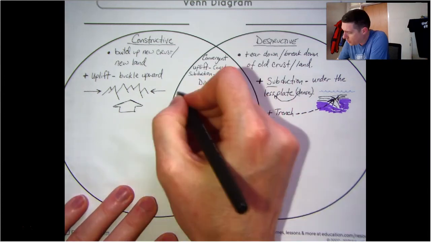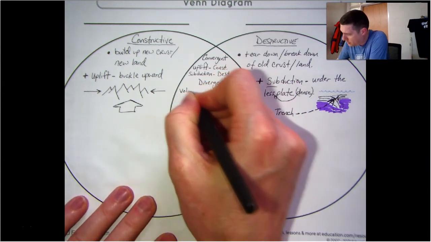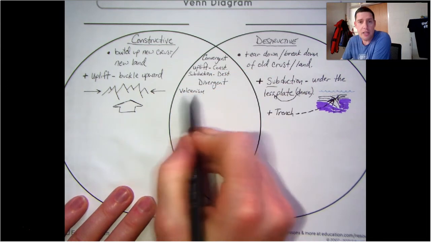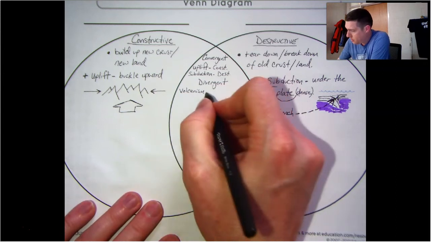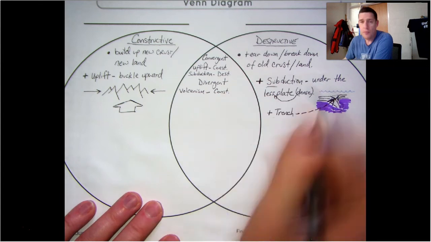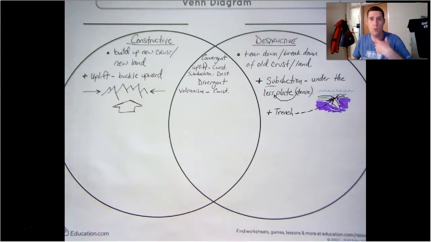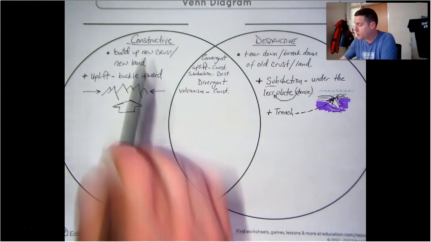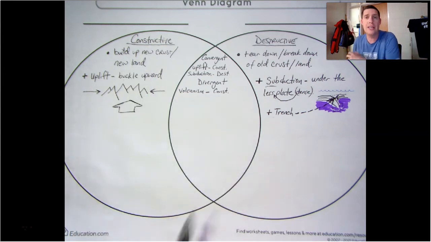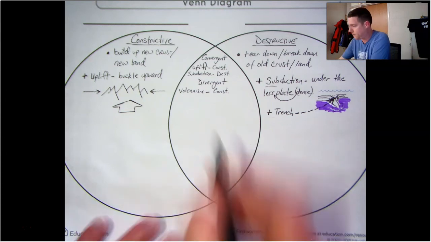So what's constructive? You actually have that volcanism, or the act of volcanic eruptions. That's actually constructive. Now, it might be destroying lives and property, and that's very true, and that could happen, of course. But in terms of building up new land and new crust, volcanism is seen as the result of constructive forces.